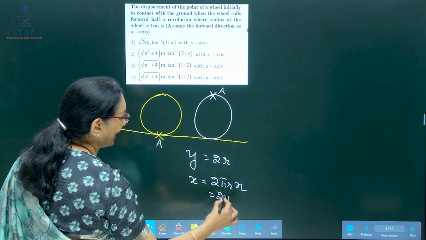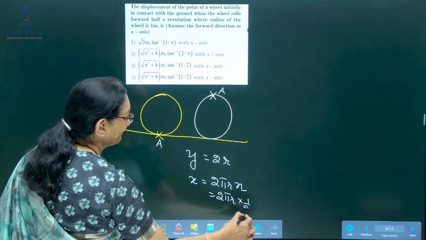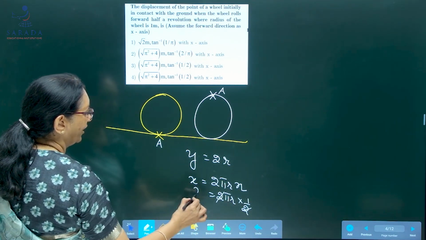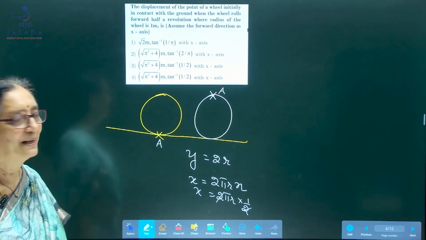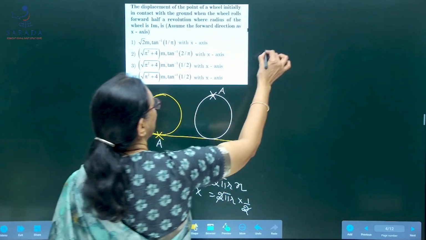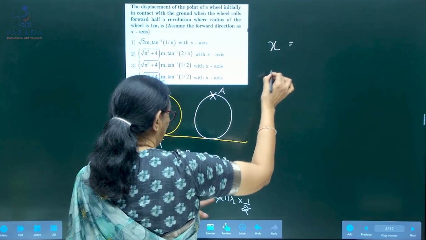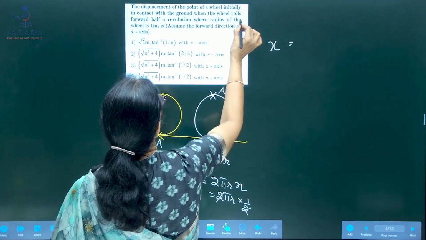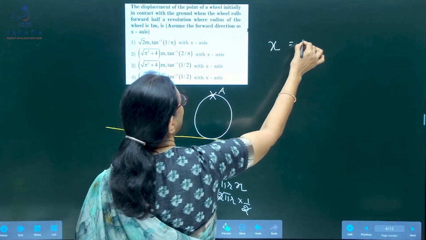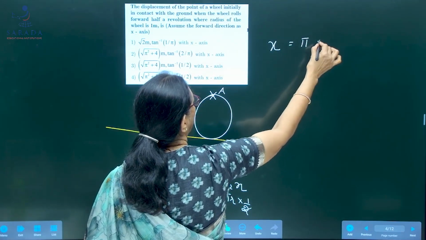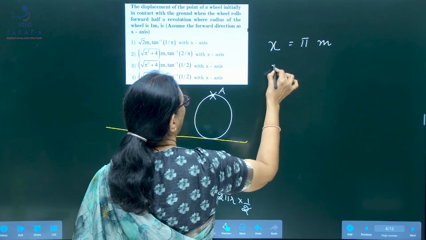Here n is half the revolution. So the horizontal displacement x is pi into r. Radius of the wheel is given as 1. So it is pi meters.